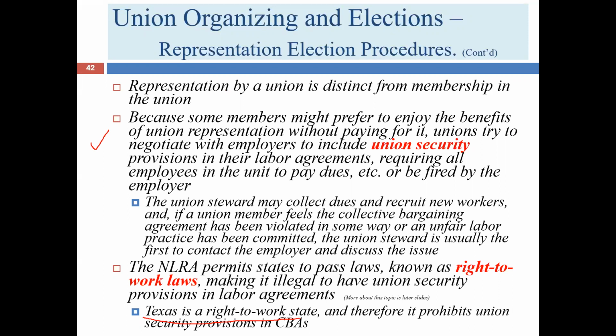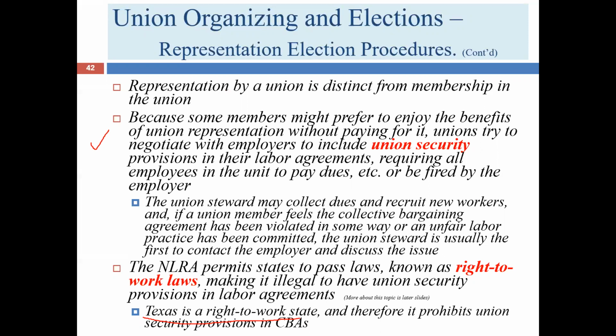If an employee says, I'm not joining the union and or I'm not paying union dues, then that employee can no longer work in that collective bargaining unit once that deadline comes. I mean, they could apply for a job in a part of the facility that isn't part of the collective bargaining unit, or they could join supervision or management. Those would be fine. So they might still be able to work for the employer, but they can't work in the collective bargaining unit if there's a union security clause.